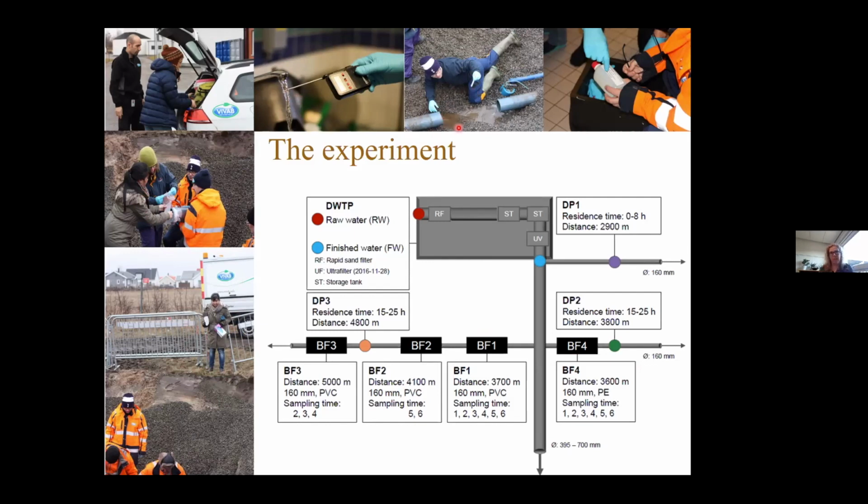And so what we have here is a schematic of the drinking water treatment plant. The water comes in here. There's a filter with just rapid sand. Then they have storage tanks, UV light, and then the water goes out into the pipes. And so what we were going to do is sample the water at different points. So that's these DP1s, sampling water, and also take sections of pipe and sample the biofilm from these pipes.